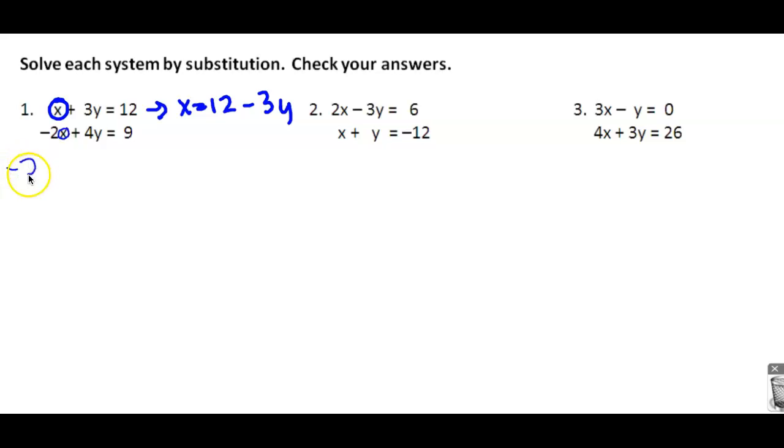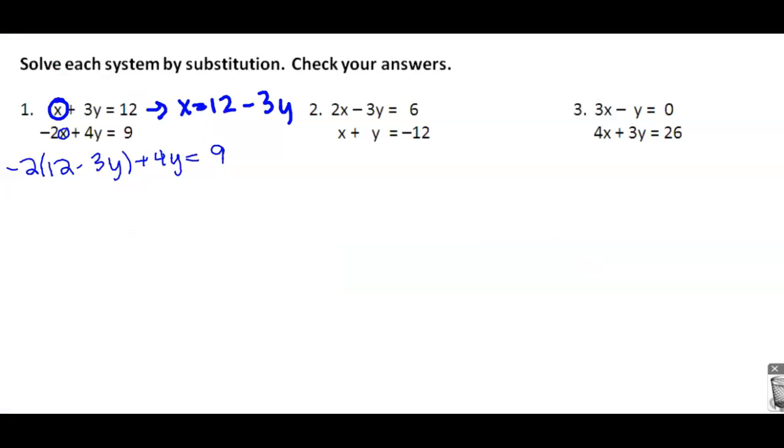So we get negative 2, replacing the x, 12 minus 3y plus 4y equals 9. And what that does is create your equation in terms of one variable, allowing us to solve for that variable.